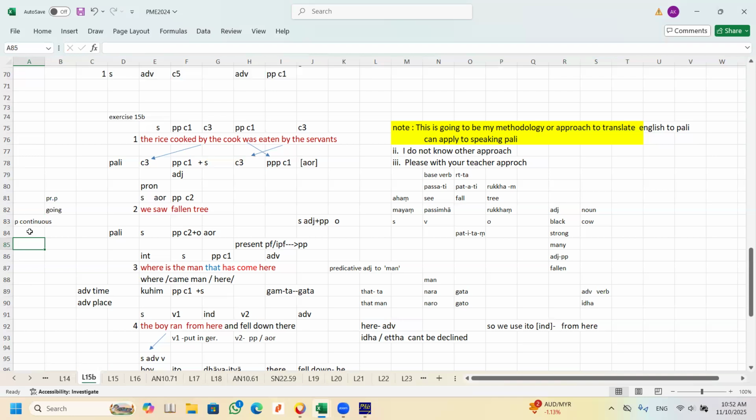If you look again, you will say progressive, present progressive also. Also not wrong, because that is progressive. So the English present continuous, present progressive, that means in English you have perfect, imperfect, progressive.